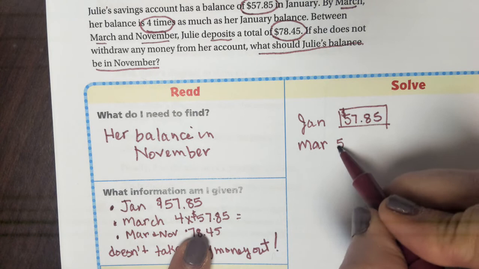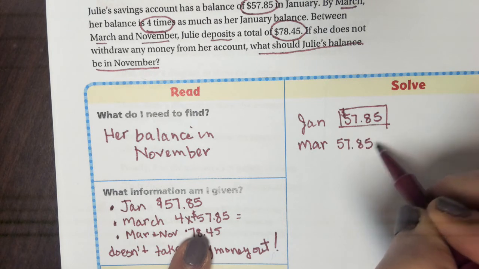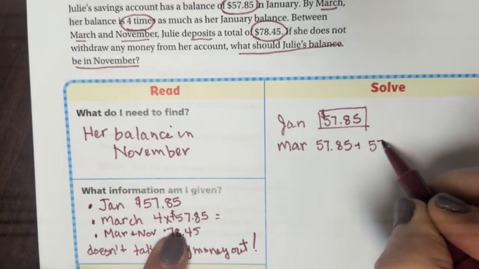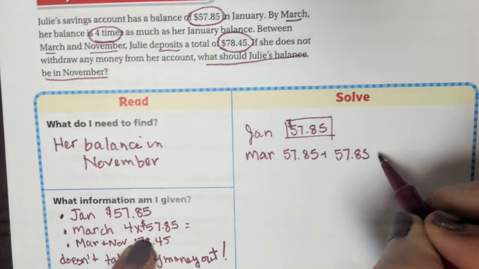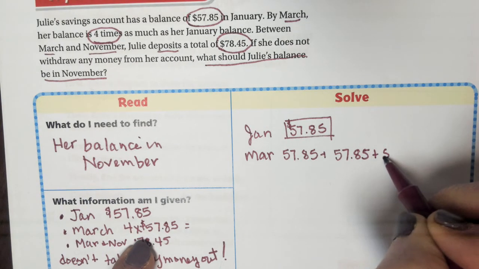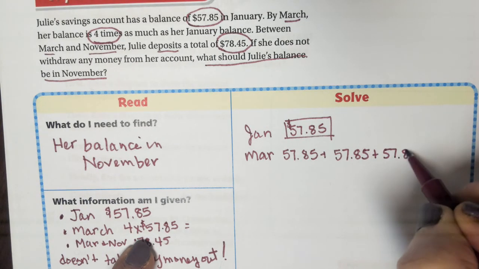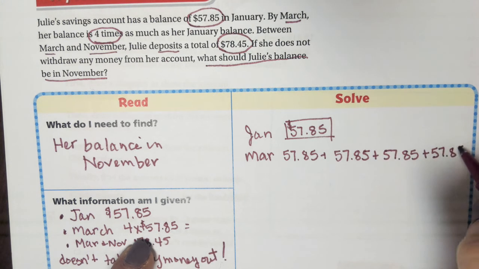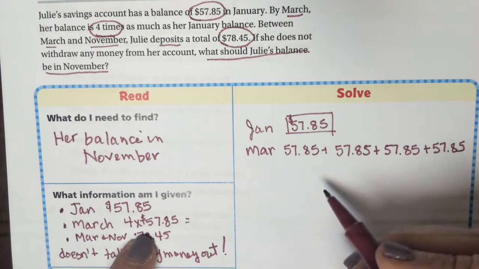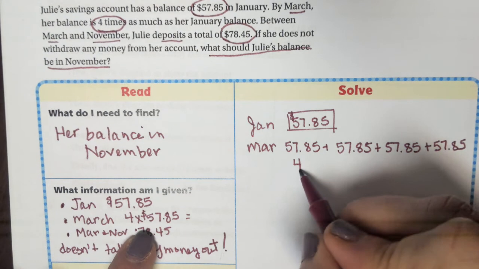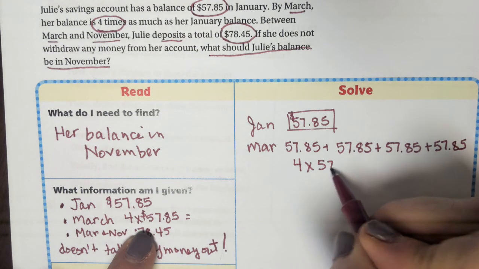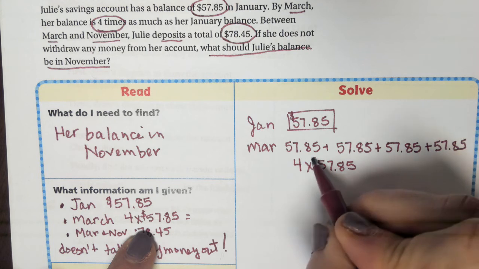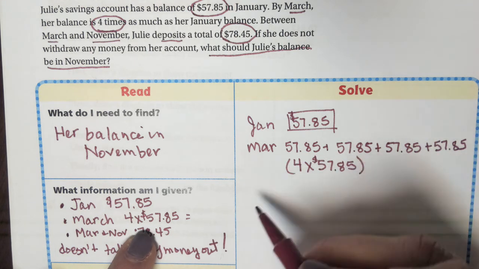So I know I'm going to have $57.85 plus $57.85 plus $57.85 plus $57.85. Now, this is what they do in 3rd grade, the repeated addition. How do we work smarter and not harder? Avery? 4 times $57.85. Okay? That's how we work smarter, not harder.